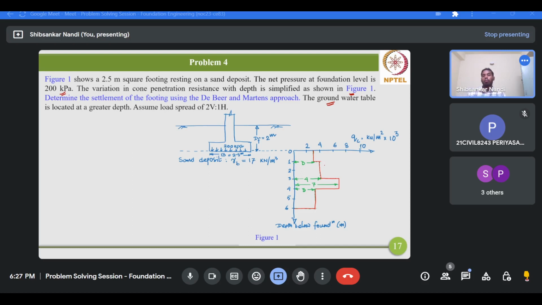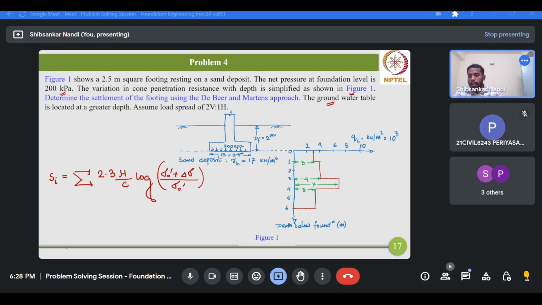Now, what is the approach recommended by De Beer and Martens? They gave the expression of immediate settlement like this: summation of 2.3 H by C log of (sigma 0 prime plus delta sigma) by sigma 0 prime.